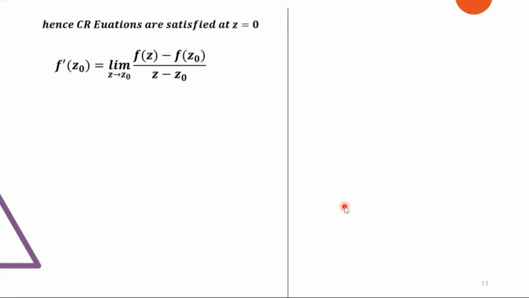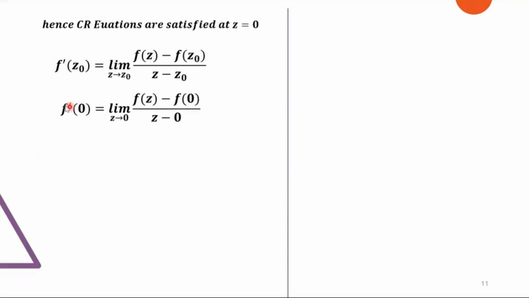We have to show that the function is not analytic at z equal to 0. तो f dash of 0 निकालना है हमको. तो z नॉट के बदले 0 आ जाएगा यहाँ पे. नॉट डिफरेंशिएबल का मतलब होगा कि ये लिमिट जो है वो यूनिक वैल्यू नहीं आती है.